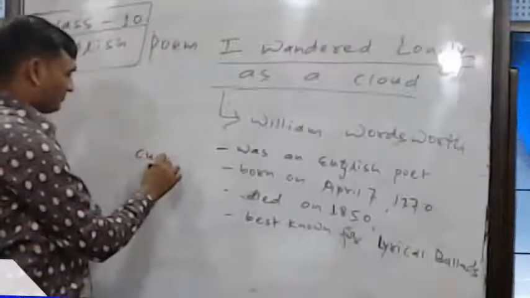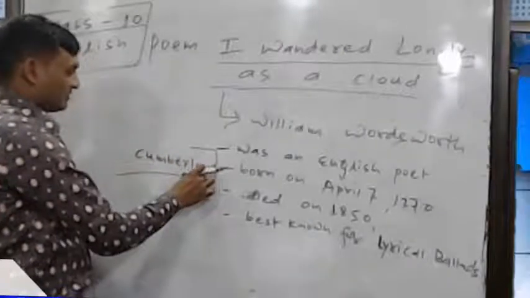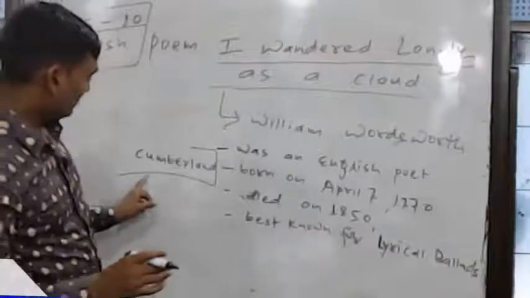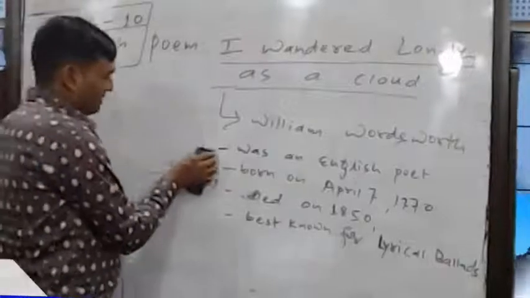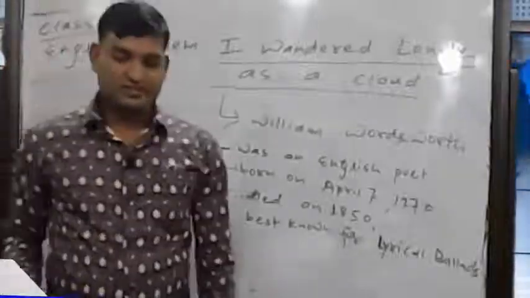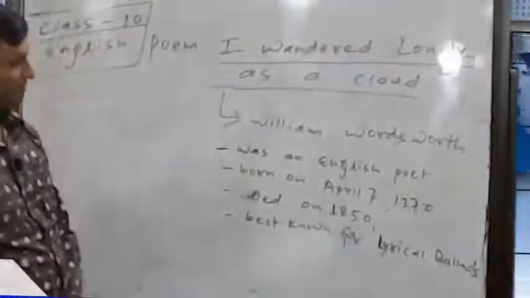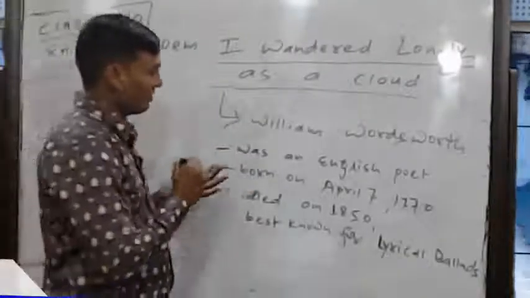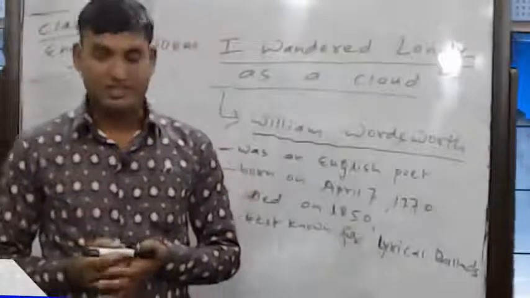Cumberland means the name of the district where he was born. He was one of the founders of English Romanticism. He wrote so many poems, so many literary works in English literature.